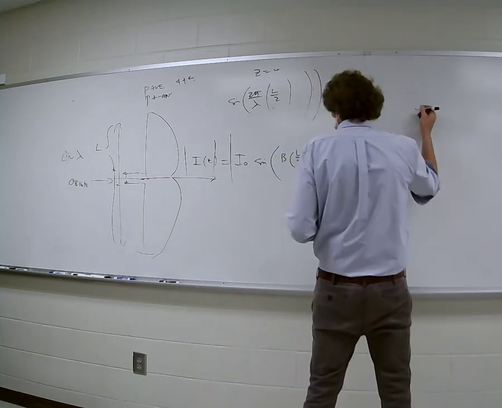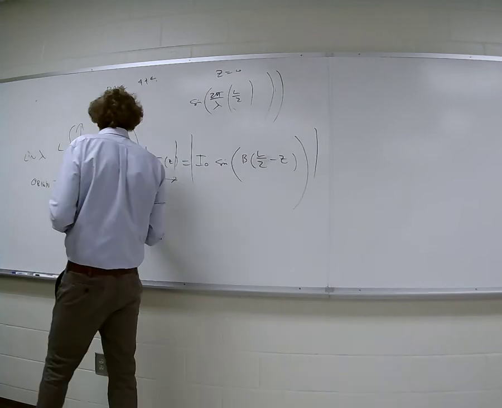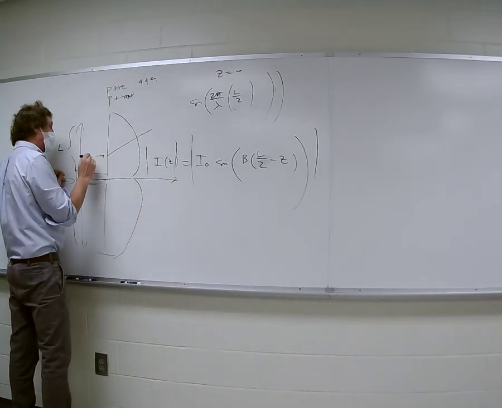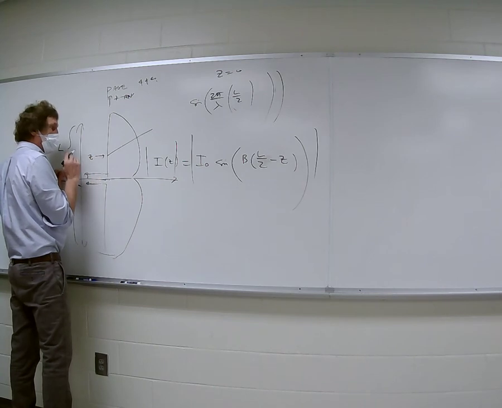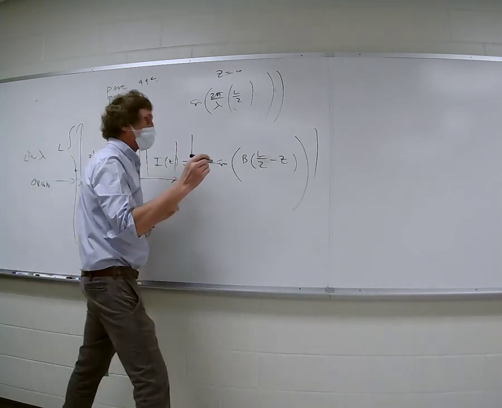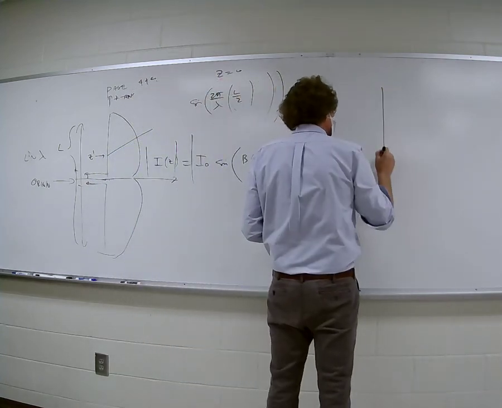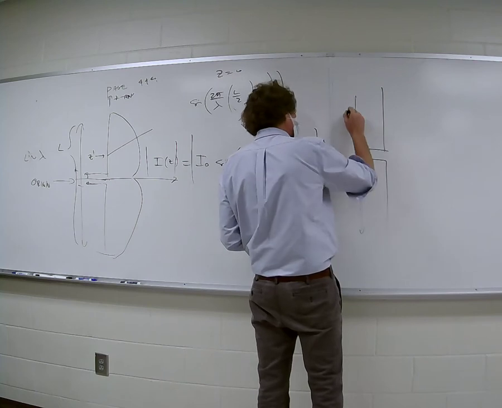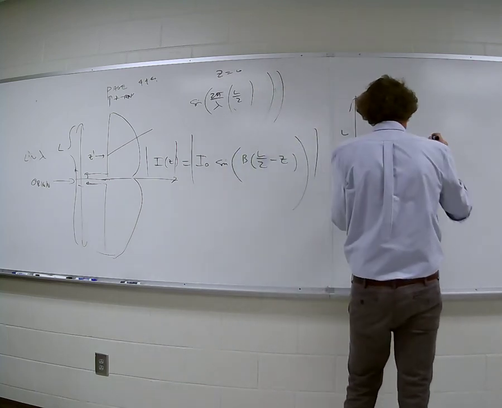So let me just tell you right now, and in his book he has this, if I say that I'm at a height z here, I think he uses z prime. I better write it over here. This is my antenna, of arbitrarily long length.